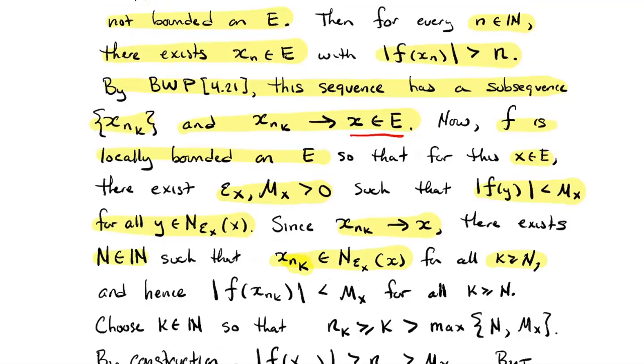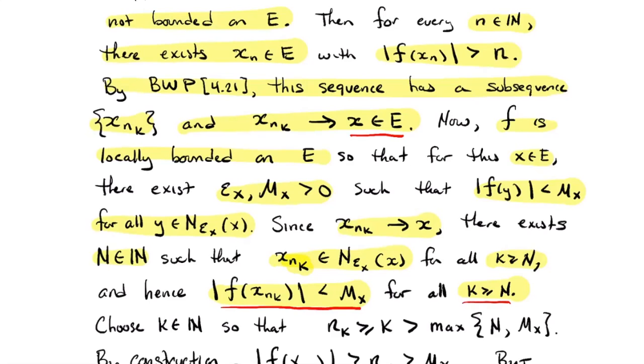Okay, so for k greater than or equal to n, the images of the points in this subsequence are no more than this m sub x. They're less than this m sub x. Good. Put that on ice. So remember this. I'm going to underline it right here, that the subsequence terms are less than m sub x as soon as k is bigger than or equal to this number n.